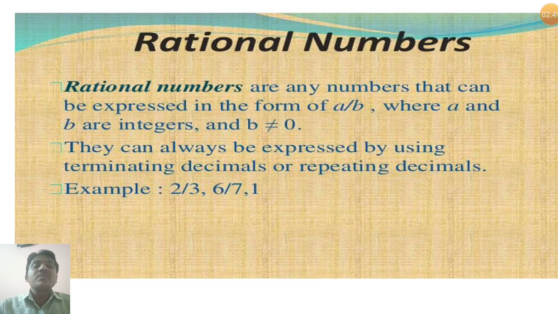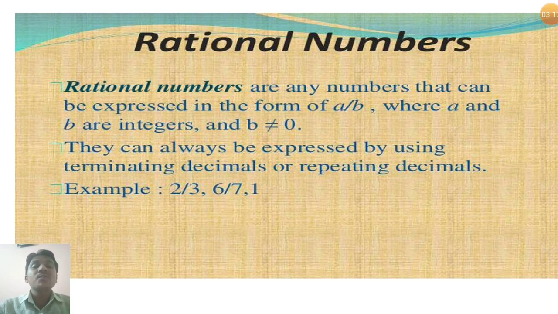Next, rational numbers. Rational numbers are any numbers that can be expressed in the form of a by b, where a and b are integers and b is not equal to 0. Why is b not equal to 0? Because if b is equal to 0, the denominator becomes 0. If the denominator becomes 0, the number cannot be defined. Such types of numbers are not possible in mathematics.